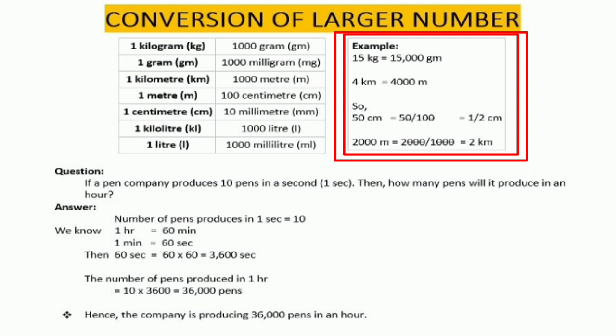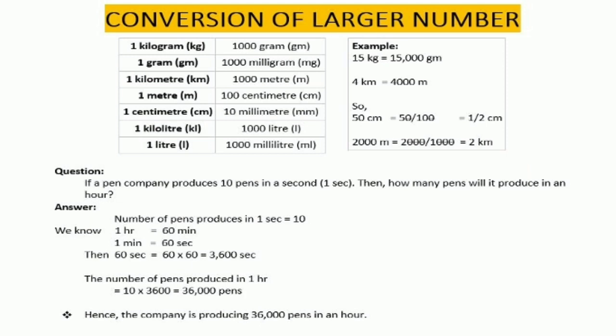So 50 centimeter is equal to 50 divided by 100, that means 1 by 2 meter. Similarly, 2000 meter is equal to 2000 divided by 1000, that is equal to 2 kilometers.